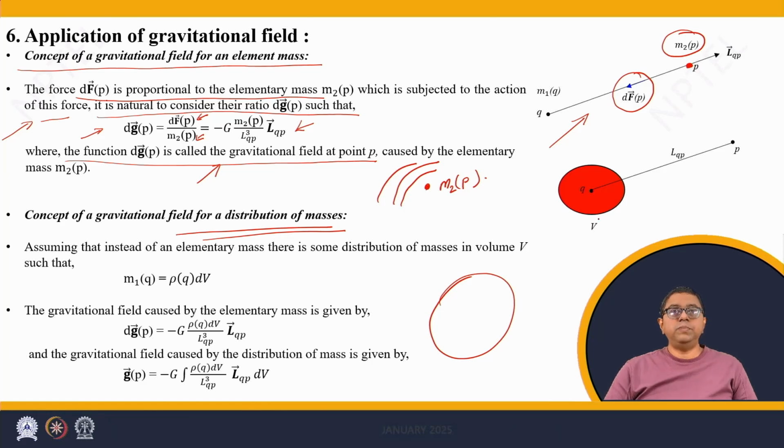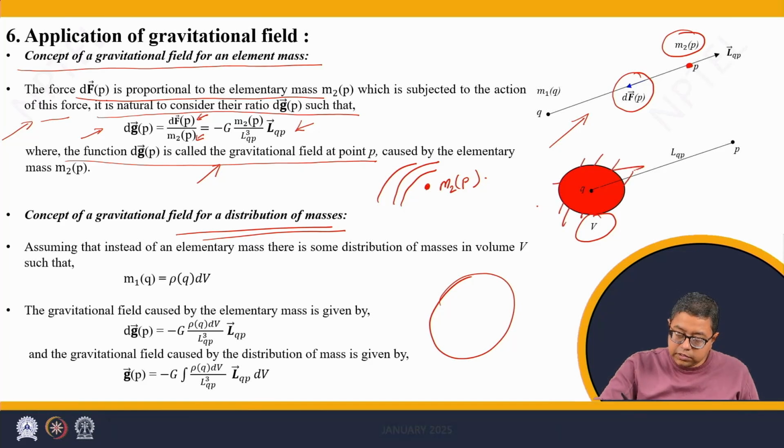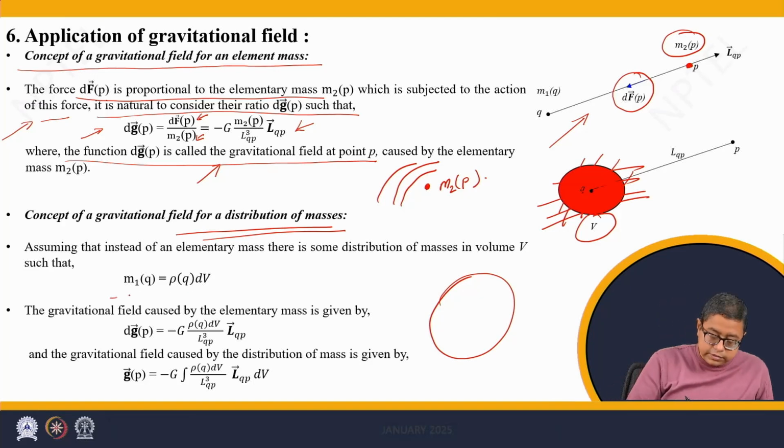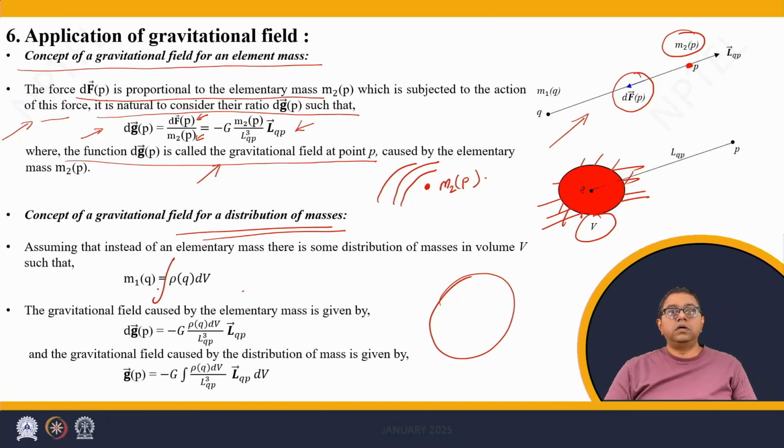Thus, assuming that instead of elementary masses we have a volume V, which is nothing but a distribution of masses. These are the masses which construct the volume V. The total mass can be obtained as the integral of rho q dV.